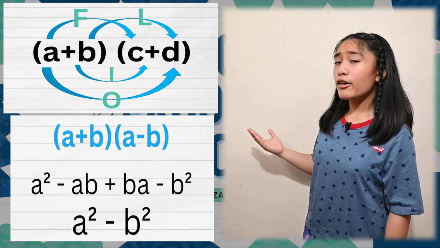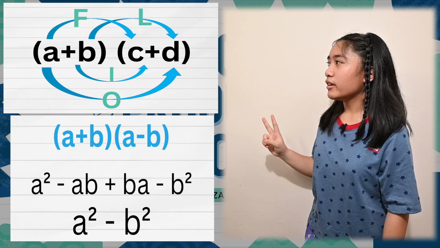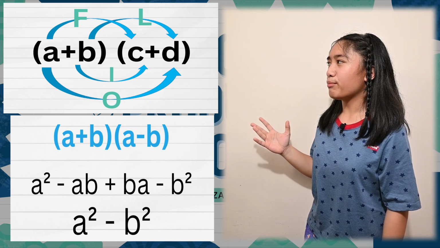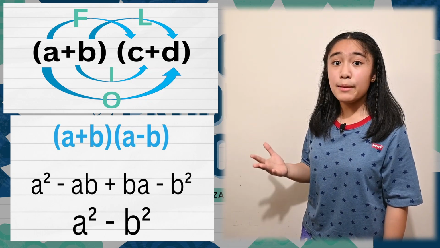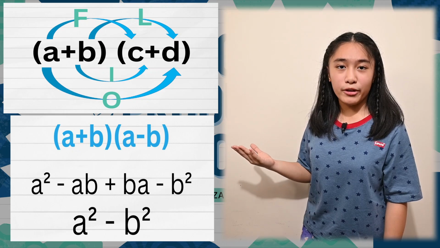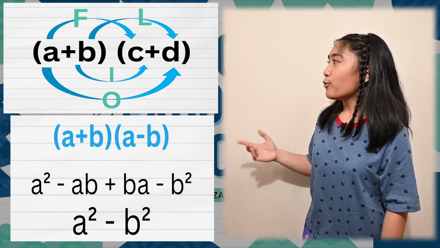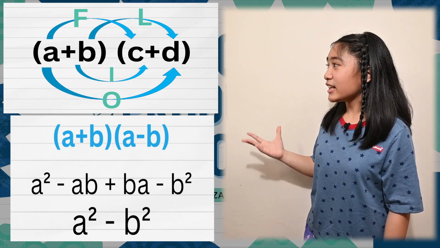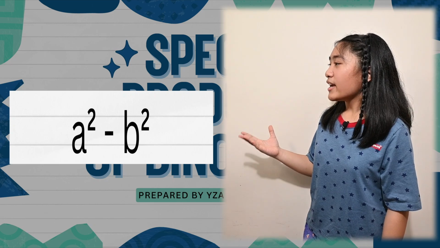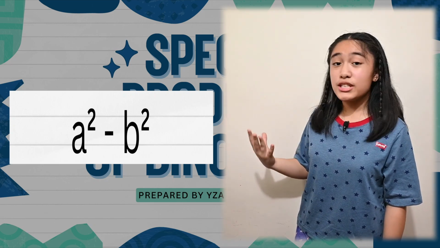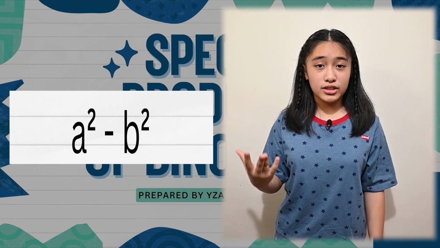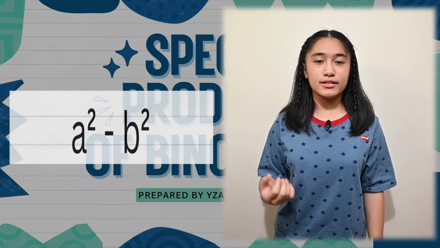Now, look at those two terms in the middle, negative AB, positive BA. Those are the same terms, just with different operations. So, we can cancel them out, and that leaves us with A squared, negative B squared, which is the generalization for the sum and difference of binomials.